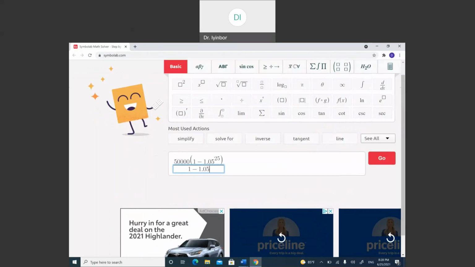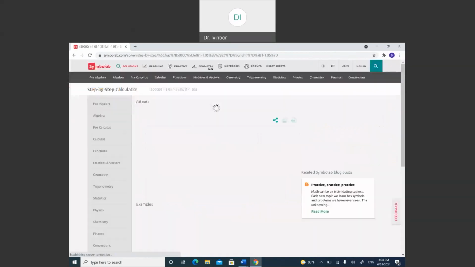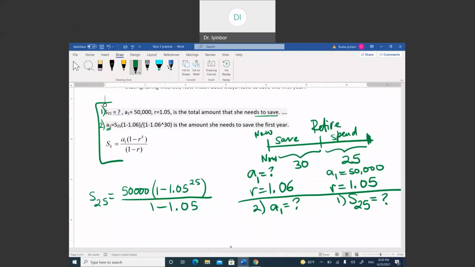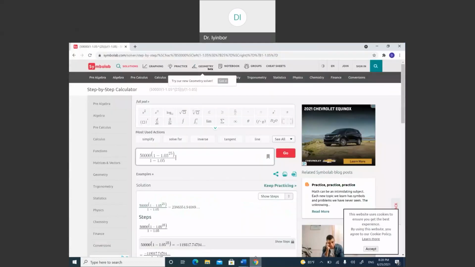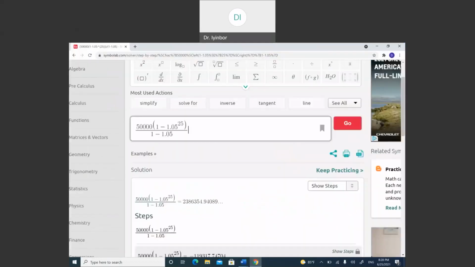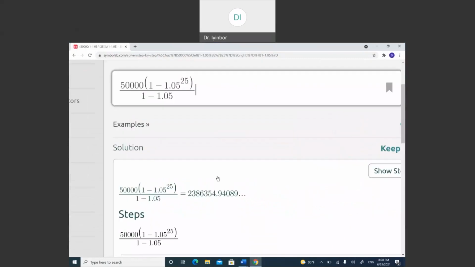So let me double check the numbers. Okay, 50,000. Okay, everything is good. And this is the amount she needs to get to retire. And I'm just going to copy this number, and it's going to be 0.94 because after 94 is 0. So I'm copying this.